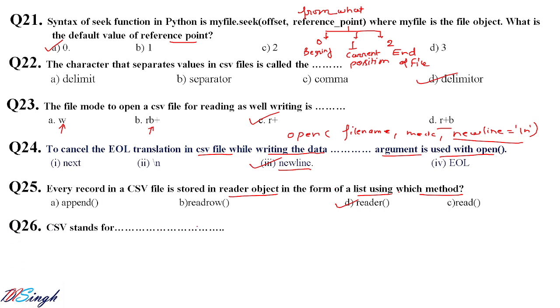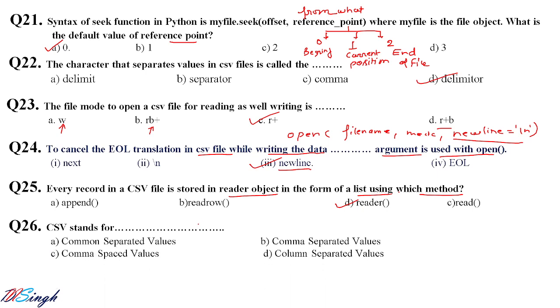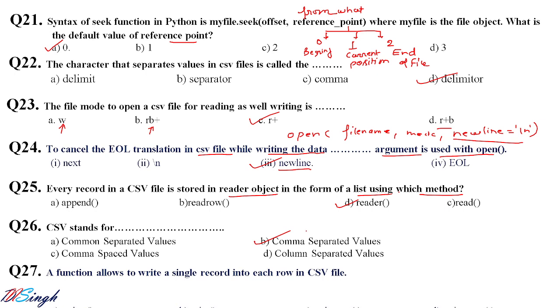Next, CSV stands for comma separated values, so B is the correct answer. A function that allows writing a single record into each row of a CSV file is the writerow function.